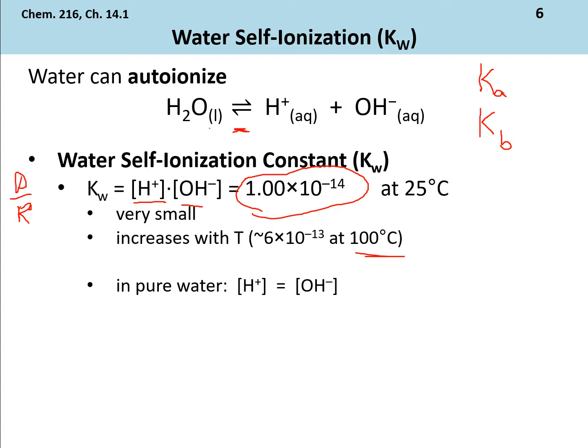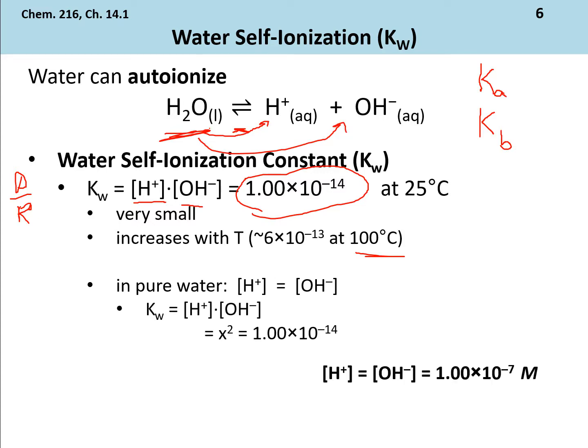Let's think about something. If I have pure water, that means my concentrations of H plus and OH minus will be equal. The reason is that if all I have is H2O and it dissociates, it's going to give me equal amounts of H plus and OH minus.